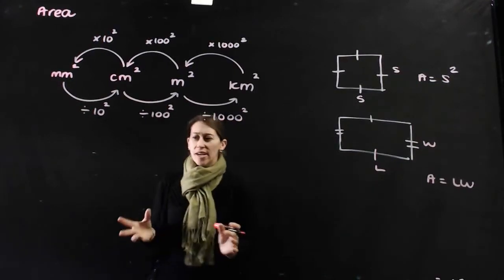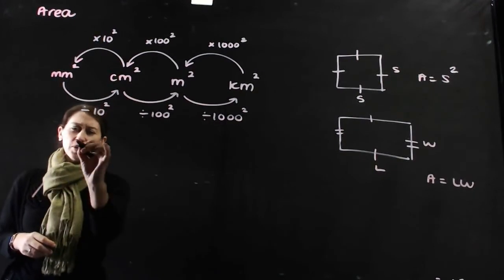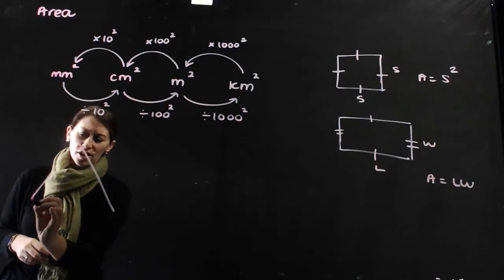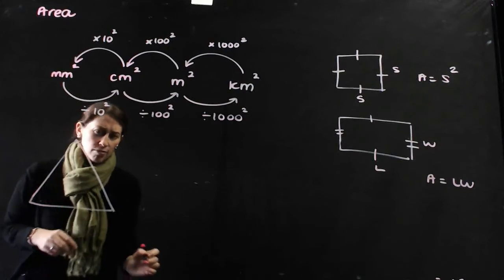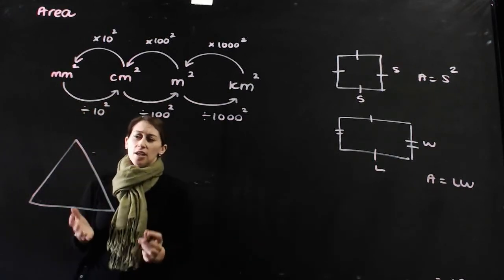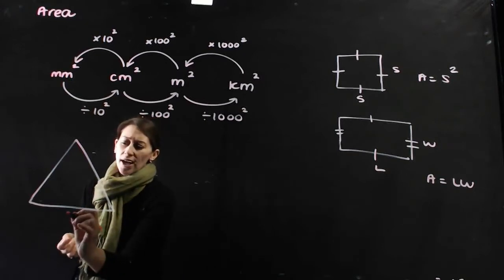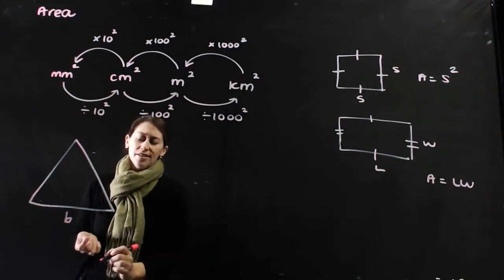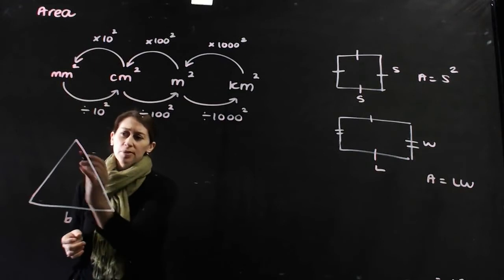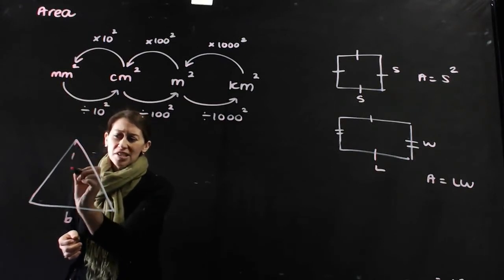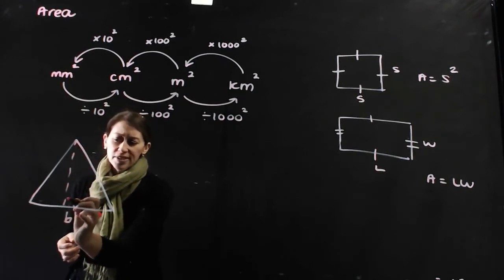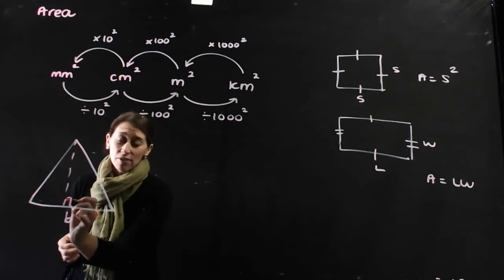What about triangles? Well, triangles come in all different shapes. You've got four types of triangles. You've got the equilateral, scalene, right angle, and isosceles. And every single triangle has the same formula, where the area of the triangle is its base multiplied by its perpendicular height. Now, depending on the type of triangle you've got, the perpendicular height may be displayed through the middle of the triangle.